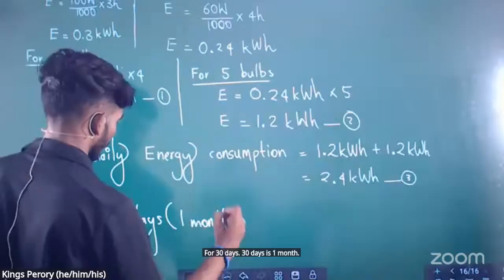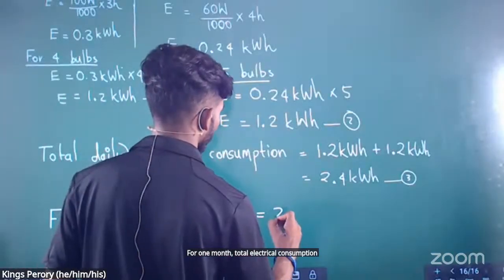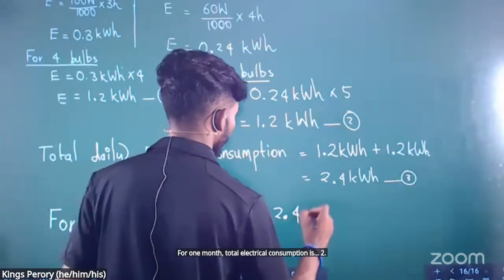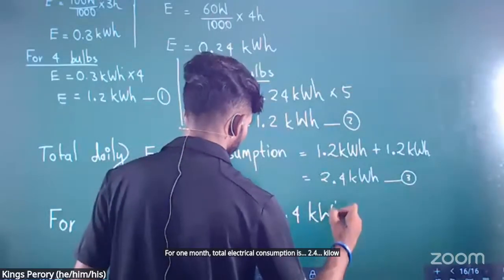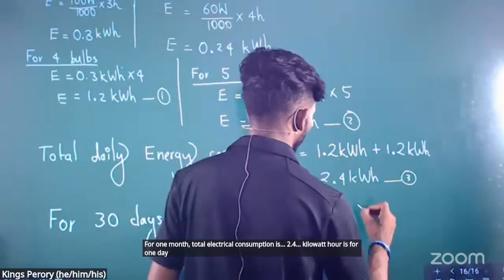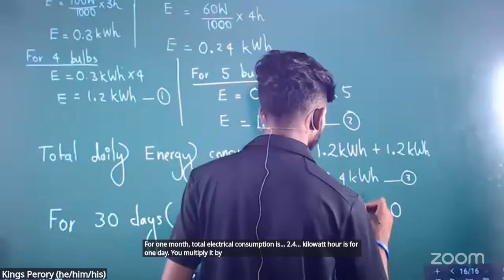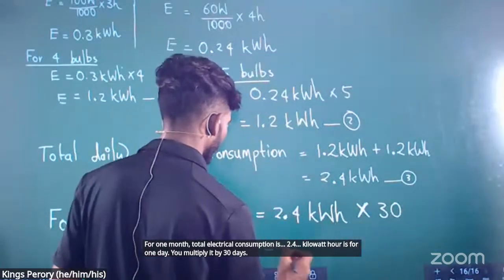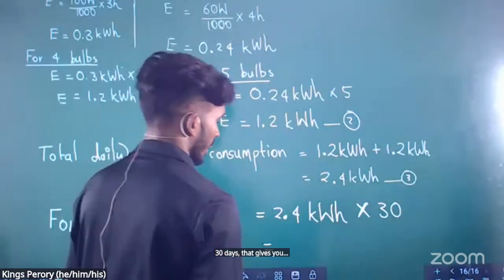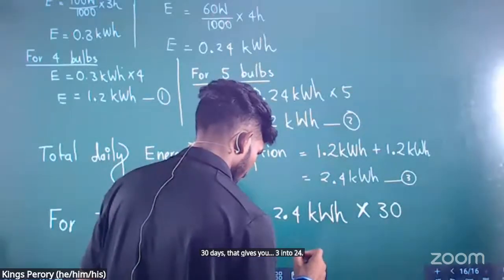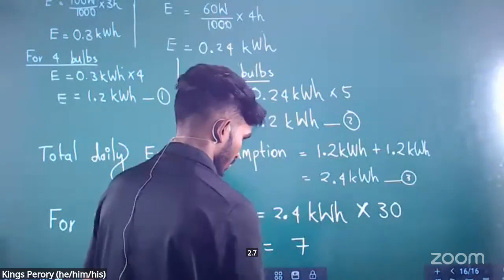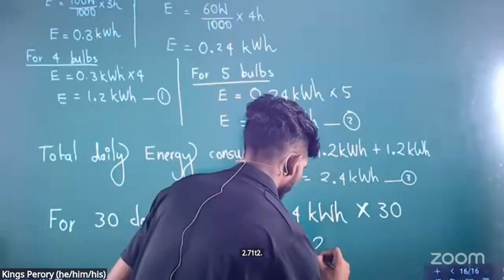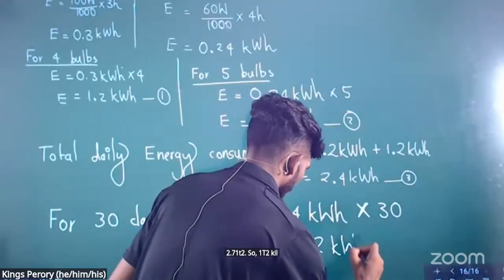For 1 month, the total electrical consumption is 2.4 kilowatt hour for 1 day multiplied by 30 days. 3 into 24, 2.4 times 30 gives 72 kilowatt hour.